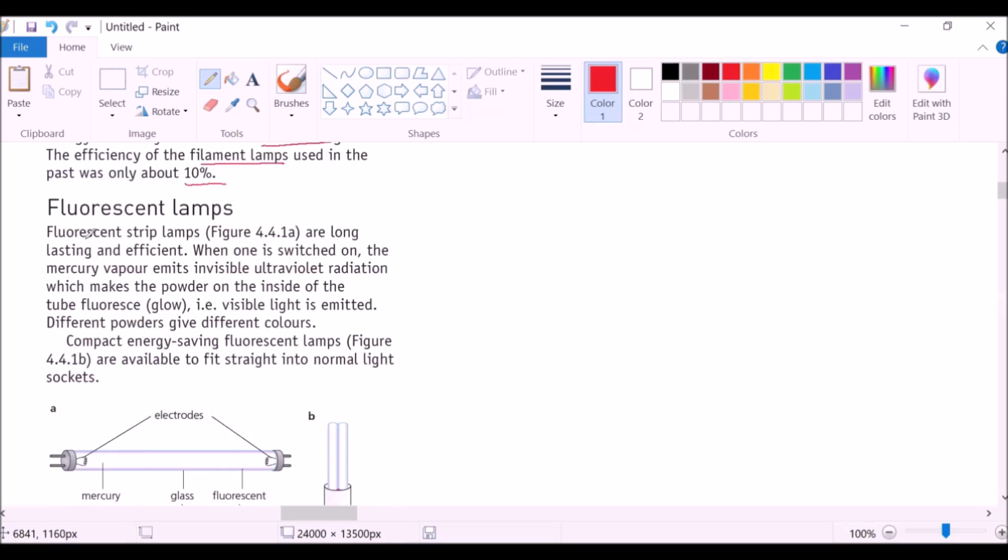Fluorescent lamps. Fluorescent strip lamps are long-lasting and efficient. When one is switched on, the mercury vapor emits invisible ultraviolet radiation, which makes the powder on the inside of the tube fluoresce or glow.